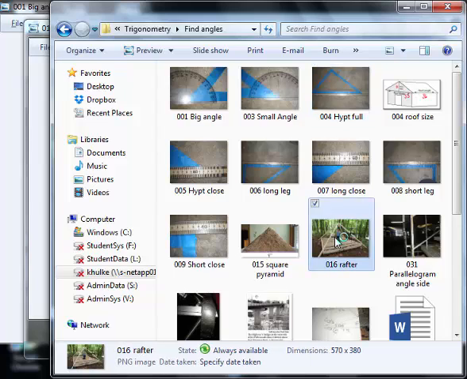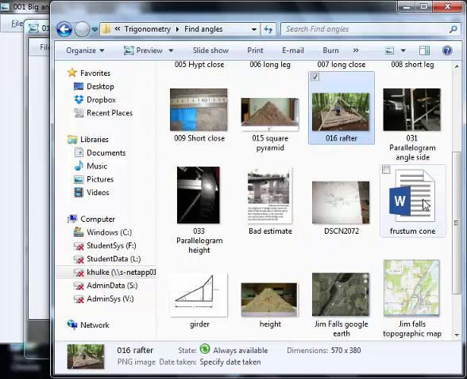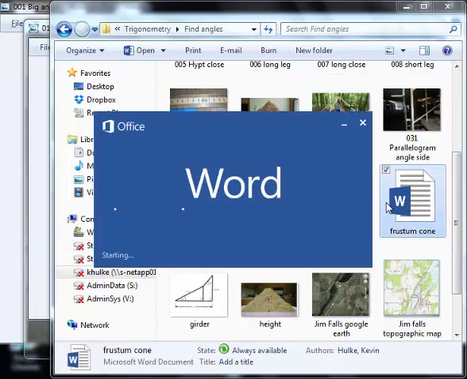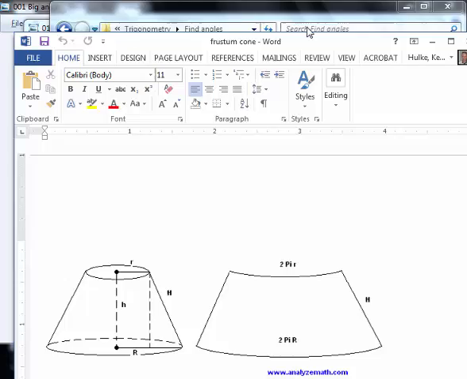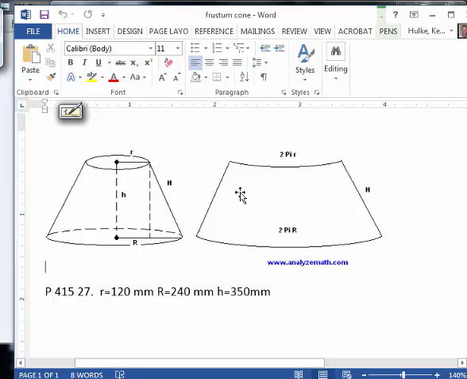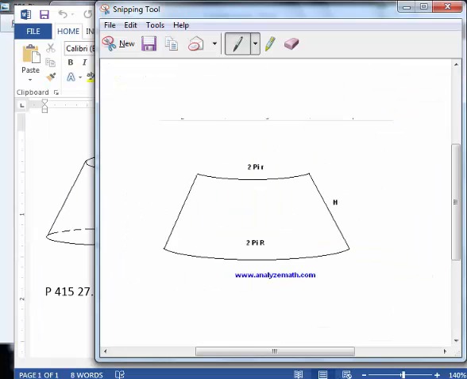Here's one that I wanted to do from our work the other day. If you recall, you wanted to make this angle between these two to be 15 degrees.